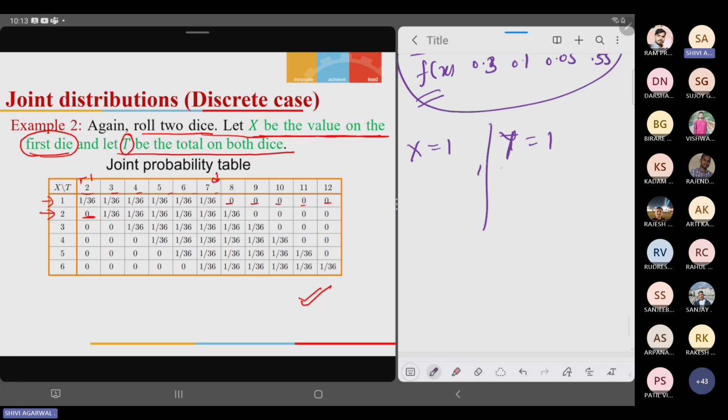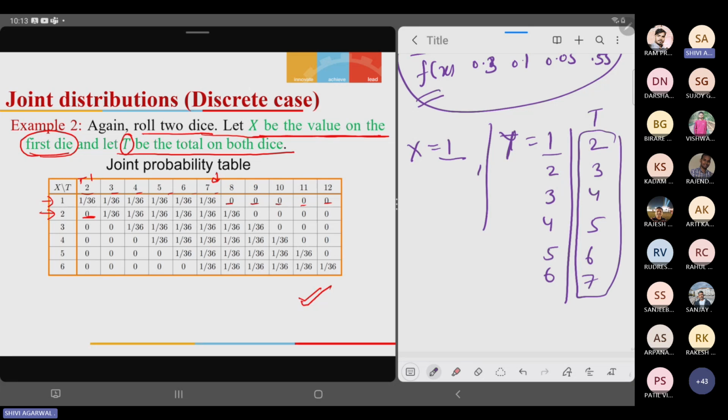Y is equal to 1, 2, 3, 4, 5, 6. So what is the t? T will start from 2, then 3, then 4, then 5, then 6, then 7. So these are the possible values of t when x is equal to 1. Are you getting it, Mr. Sanjeev?